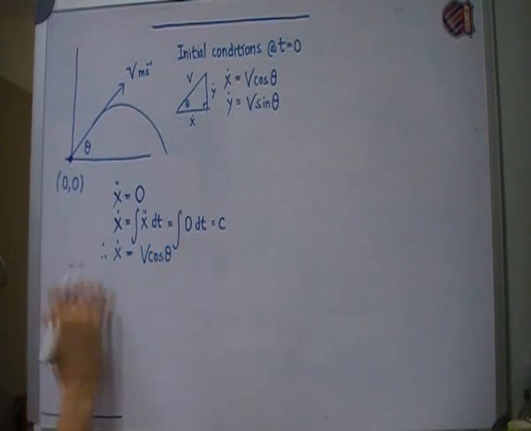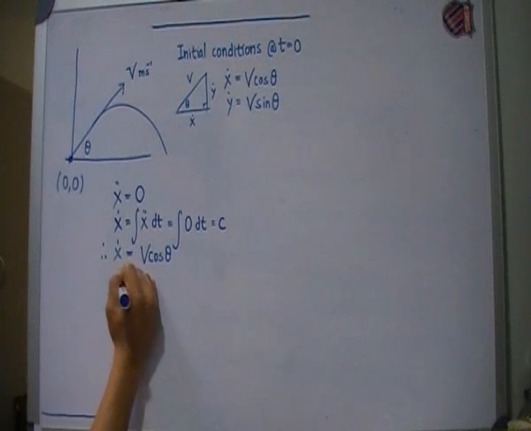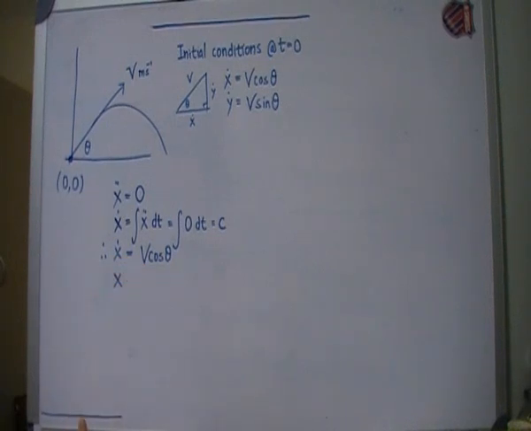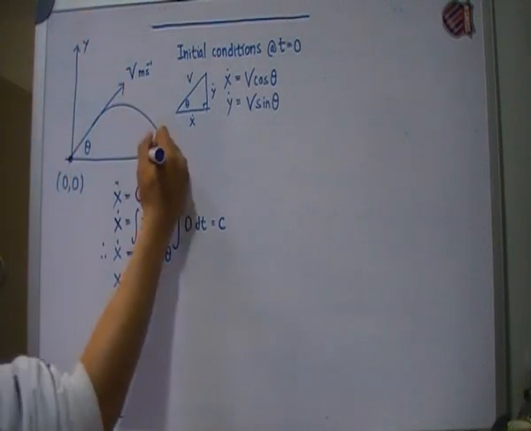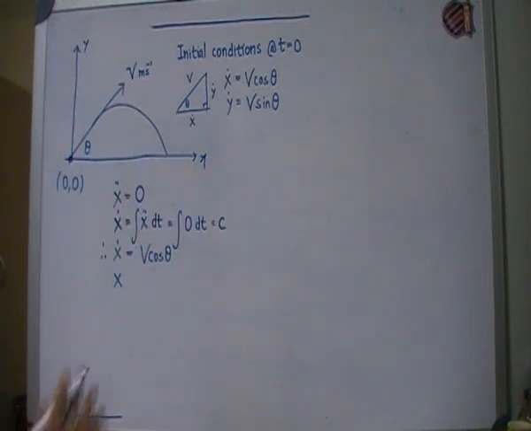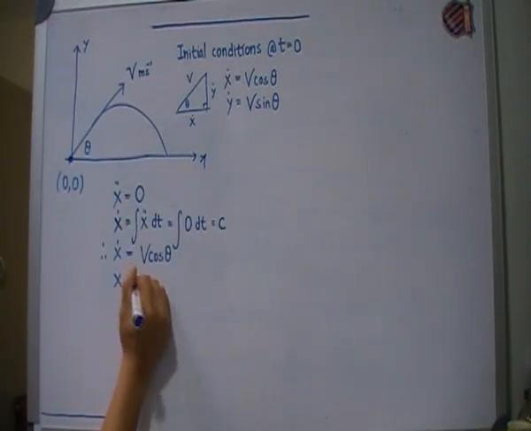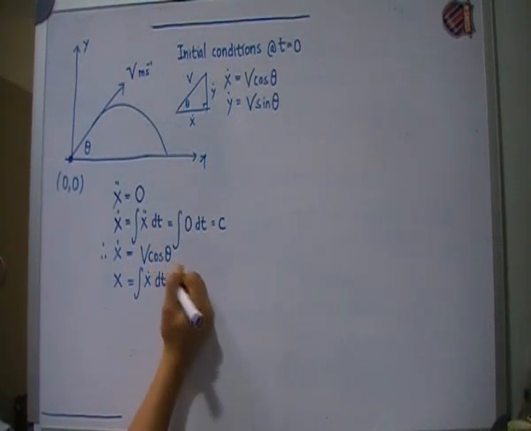Now the next part you need is the x position formula. Where is the ball horizontally, on the horizontal x-axis? Just keep in mind that is the y-axis and that is still the x-axis. To get that, we once again integrate your x velocity with respect to t.